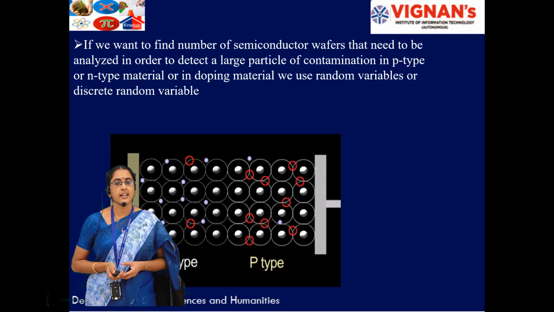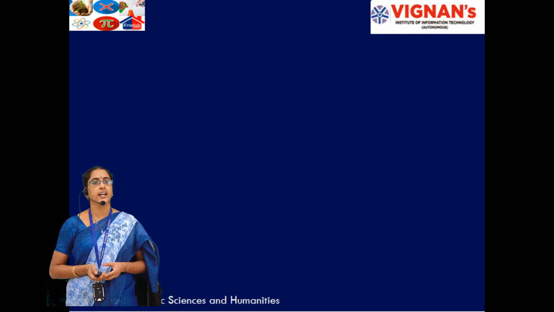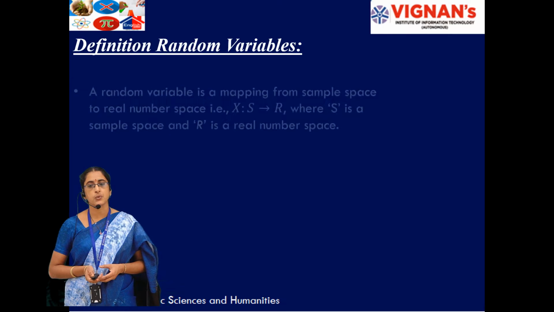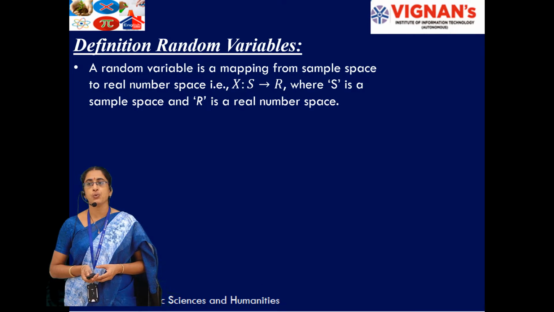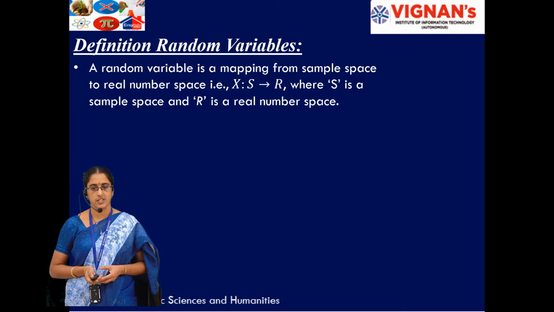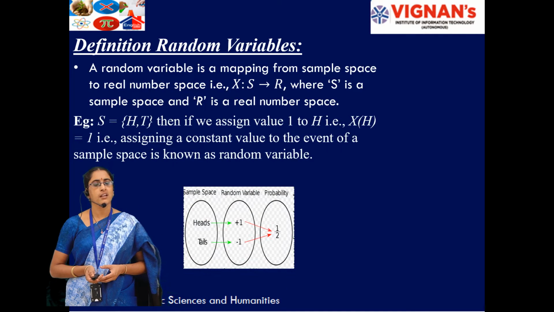Statistically, a random variable is defined as a mapping from sample space to real number space. It is given as X maps S to R, where X is a random variable, S is a sample space, and R is a real number, a constant. Or simply, we can define it as assigning a constant value to the event of a sample space.